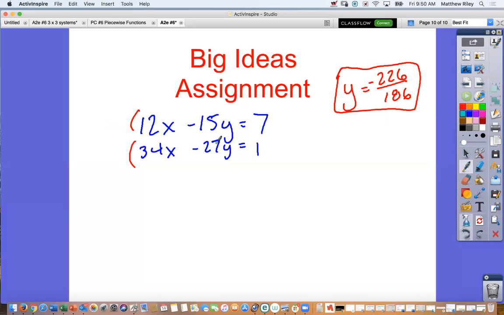Now we cancel out the y's. So the bottom has a 27, top has a 27. Bottom gets a 15, one of them has to be negative, doesn't matter. I'll make the bottom one negative. Then you do it again. So we've got 27 times 12, which is 324. 15 times 27, minus 405. 27 times 7 is 189.